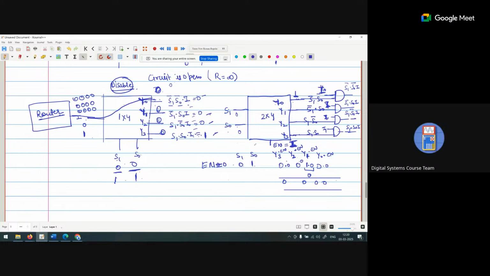So for this, what we do initially, when we install any router or any demux system, is check the input condition with the input changing between 0 and 1. You can't directly install that router without checking.